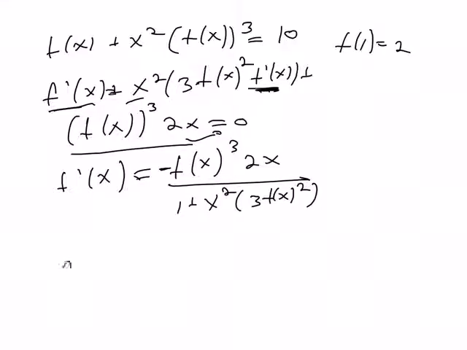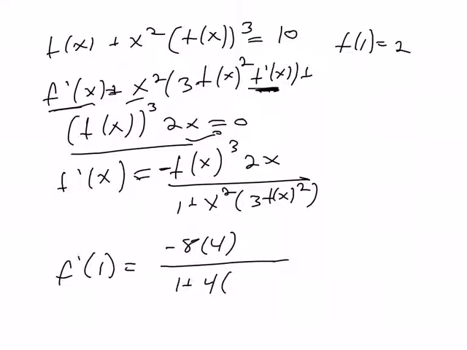So we're going to have f prime of 1 is equal to, so I'm going to have negative 8 times 4 over 1 plus 4 times 3 times 4.